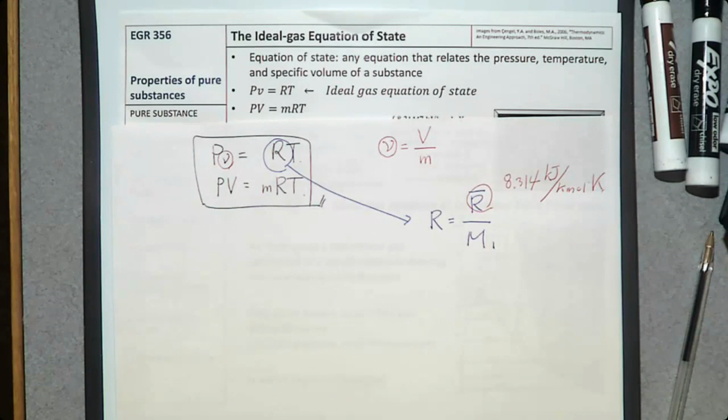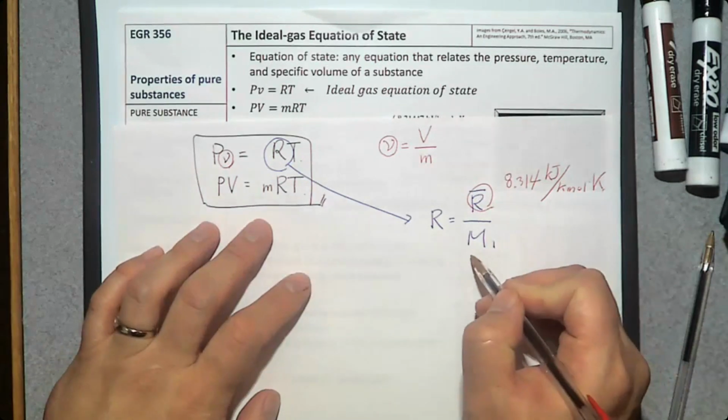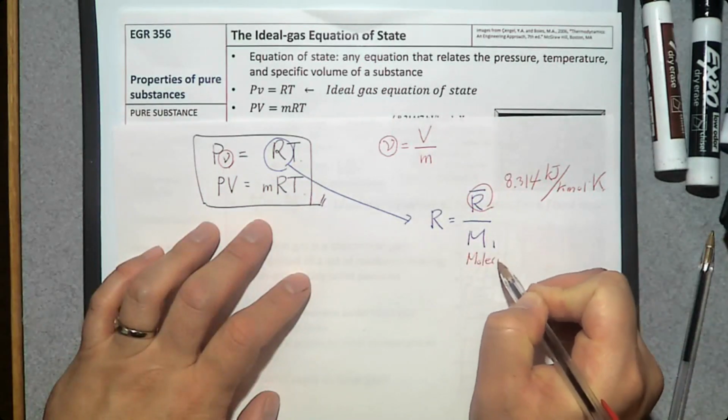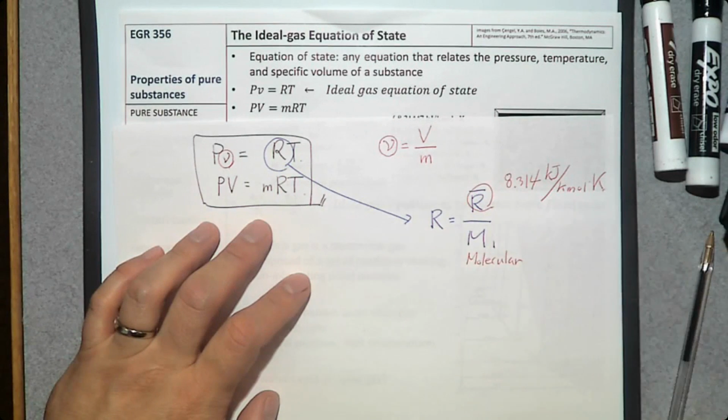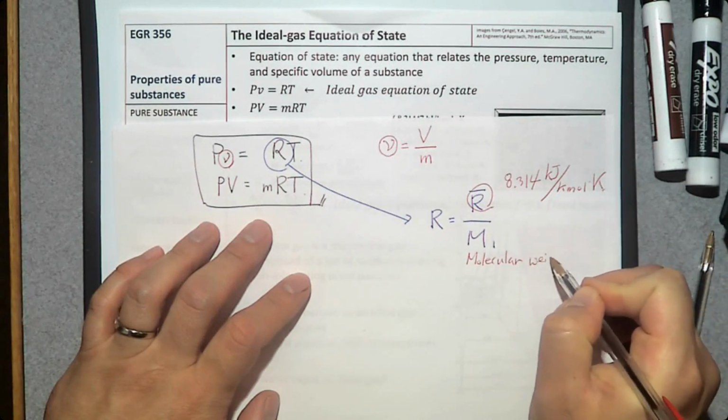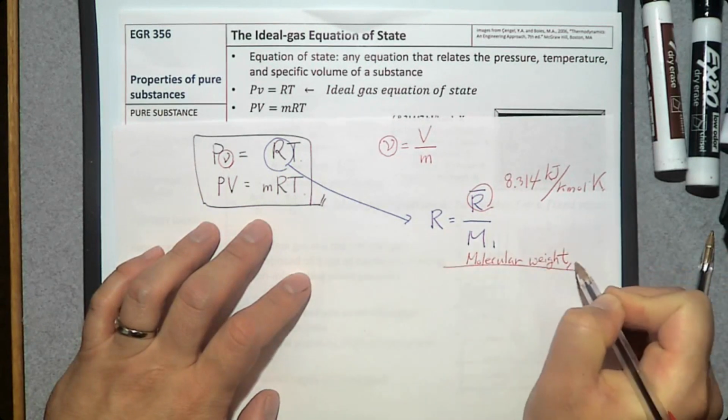And this M is not a mass, it is molecular weight. Some people like to say molecular mass, molecular weight, they're the same thing. And what is molecular weight?